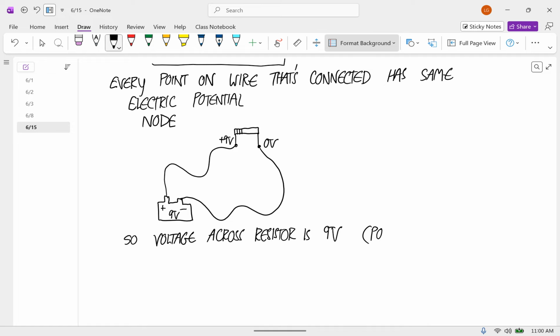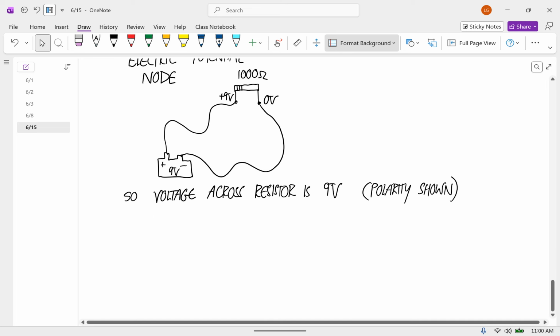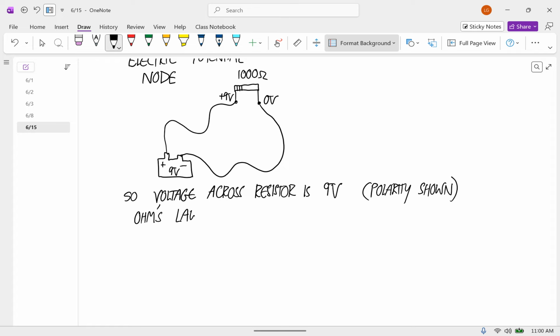And the polarity is shown. Okay, well, we know that the resistance is 1,000 ohms. And so now we can go to Ohm's law, and it says that V is equal to IR.